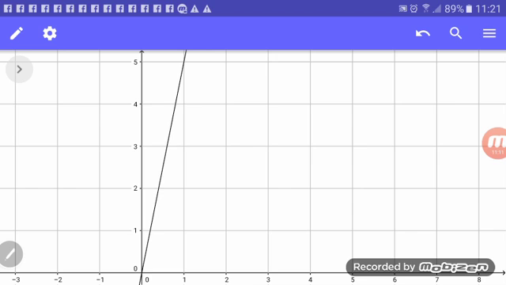So our second x value is 1 and our second y value is 5. So the second y value minus the first y value is 5 minus 0, which is equal to 5, so 5 goes on top. Our second x value is 1, minus our first x value of 0 is 1, so that goes on the bottom. So we've got 5 divided by 1 is 5.